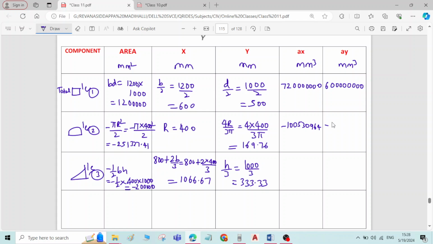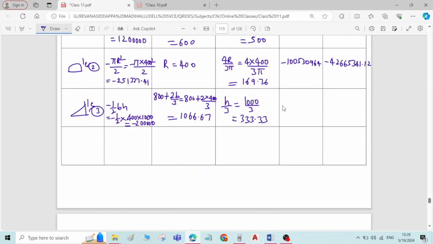Here it is minus 42,665,341.12. Then here it is minus 213,333,333.